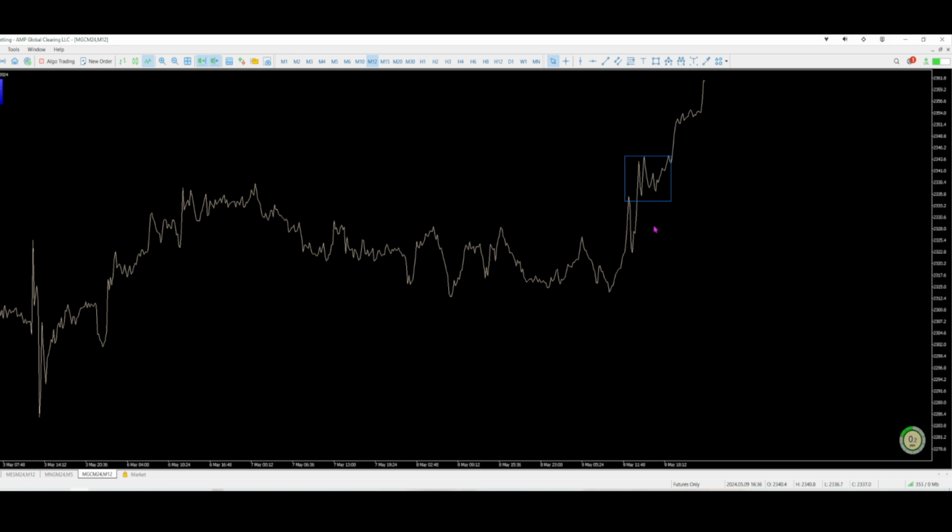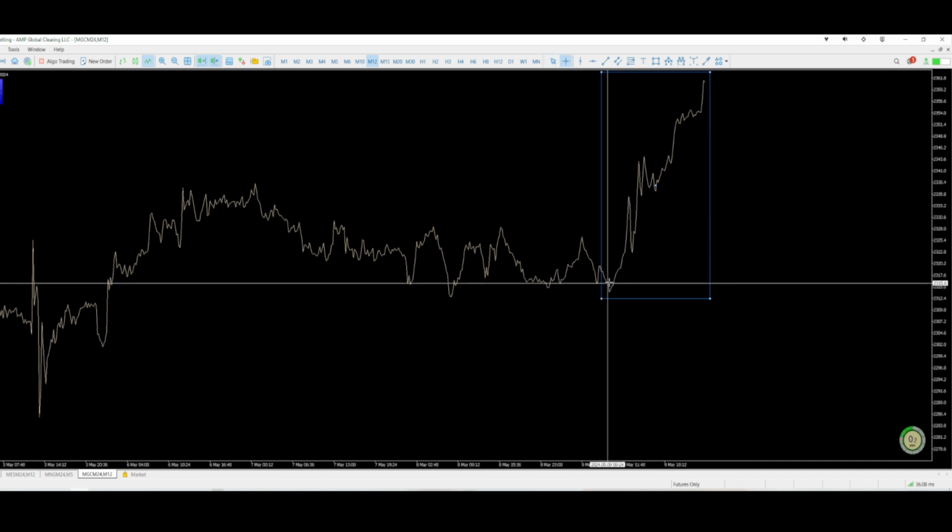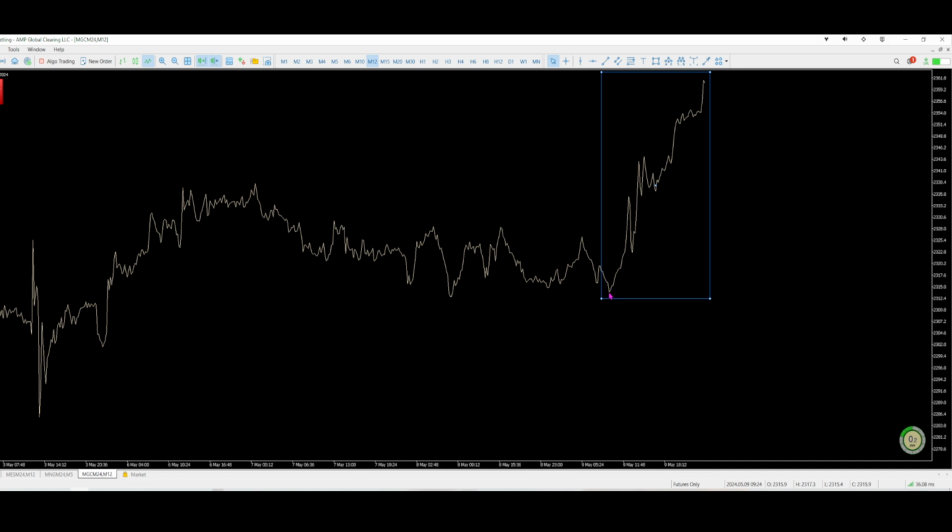But overall, in terms of the strategy, looking at what this asset did all day today, if we just extend this box, this was really the day today, which started about 3.5 hours before the session, so about 6 a.m. this morning is when this uptrend started, and it never looked back the whole day.